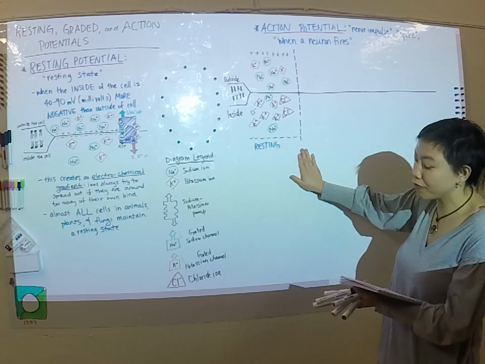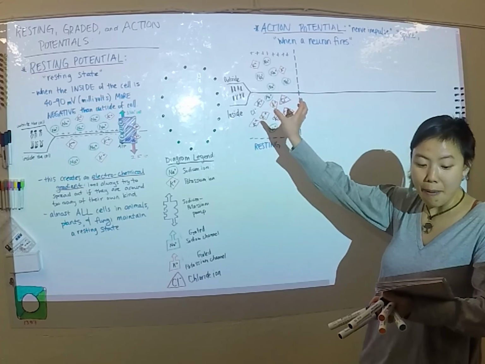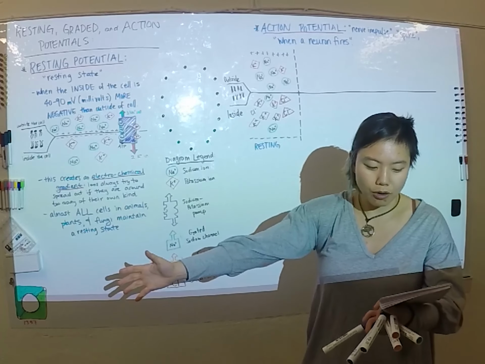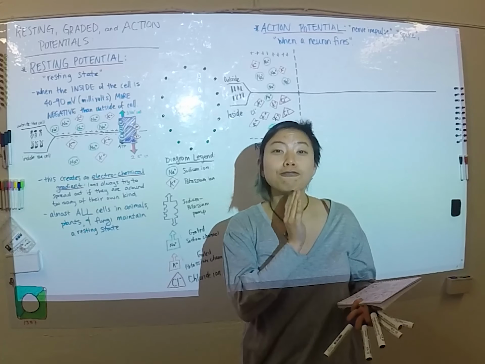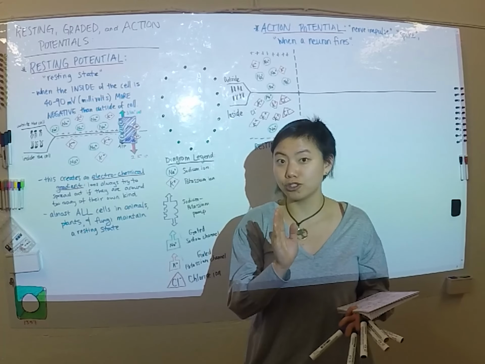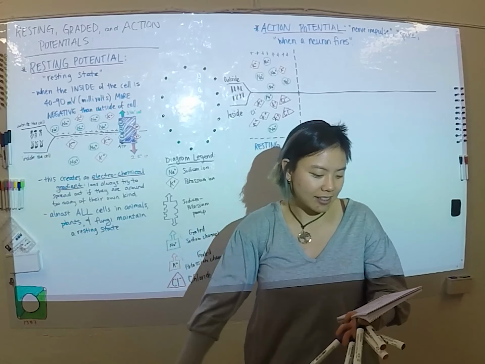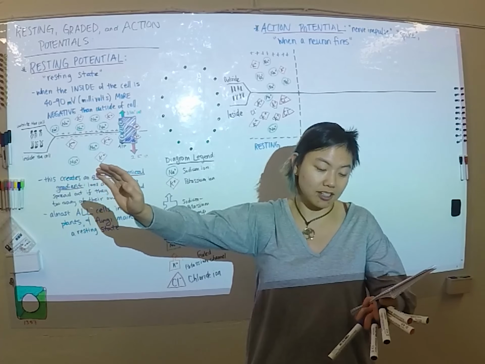So then when the flow of ions across a chunk of membrane makes the inside of the cell a lot more positive, okay? So remember before, graded potentials, they were between 1 to 15 millivolts, okay? Now, if we go more than that, at least 15 to 25 millivolts, okay?